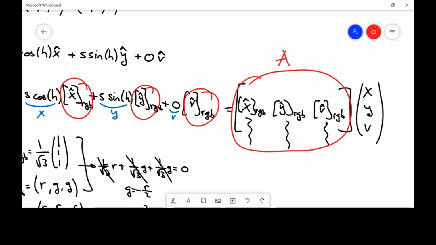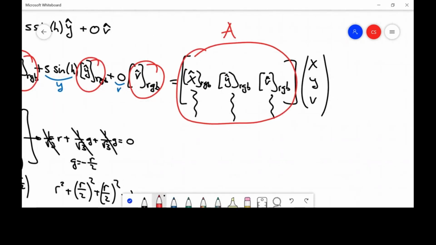So now summarizing. The P coordinates in the RGB system is some matrix A times the XYV, which are the coordinates in the XYV system. And now you recognize something of algebra that you probably remember.